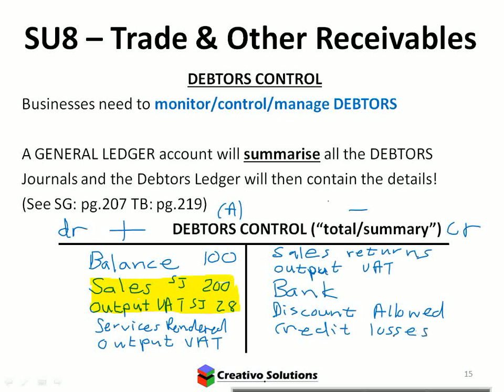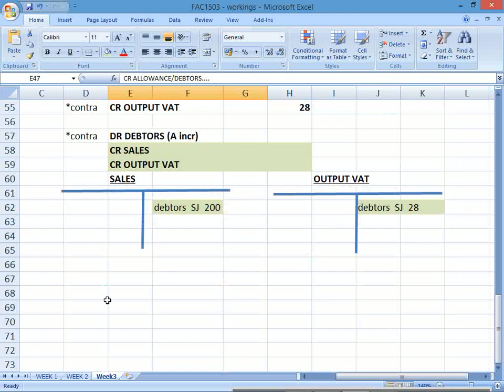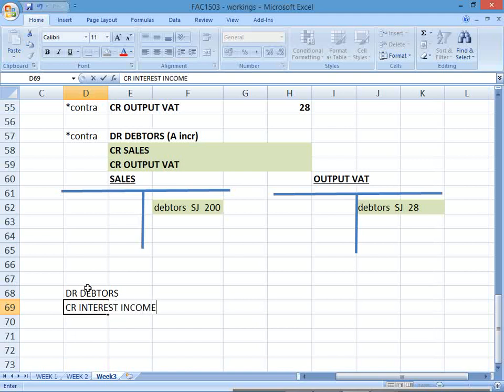Right, can you charge the outstanding debtors interest? Yes. What will that do to the debtors control account? Correct. So let's write that down. Debit debtors, credit interest income. That's charging customers interest on the overdue accounts.